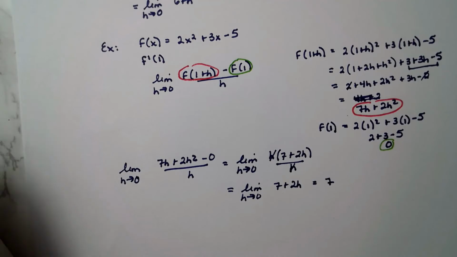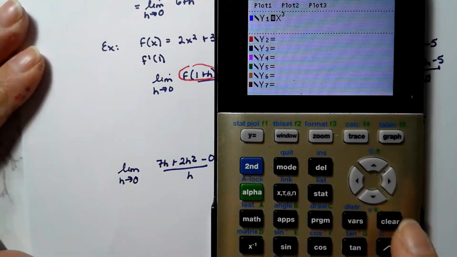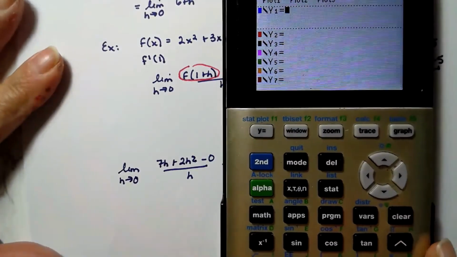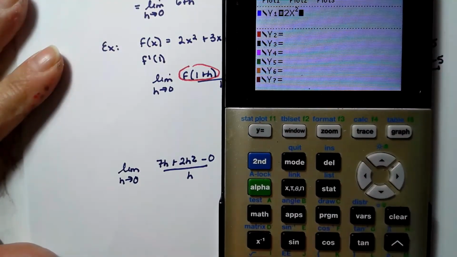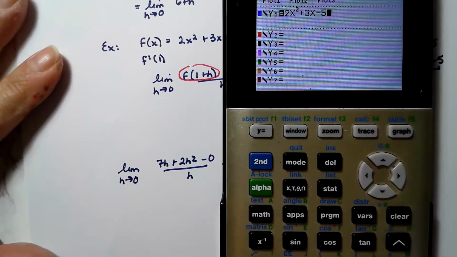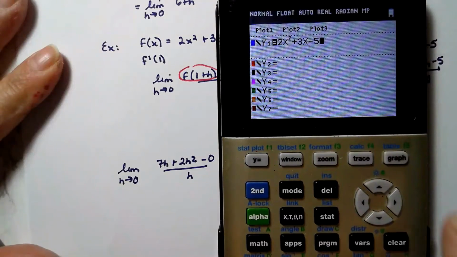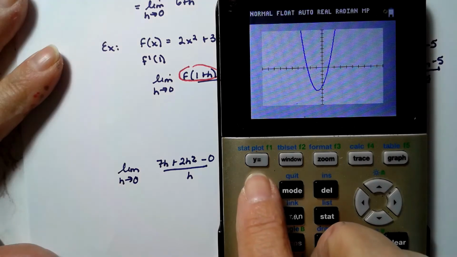Now let's see. Clear this out. I have 2x squared plus 3x minus 5. I'm going to hit the graph key. And I'm going to do second.